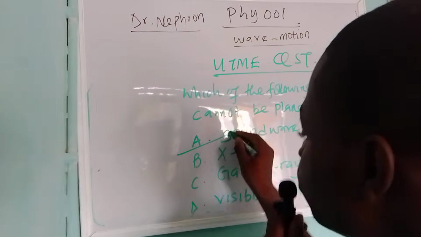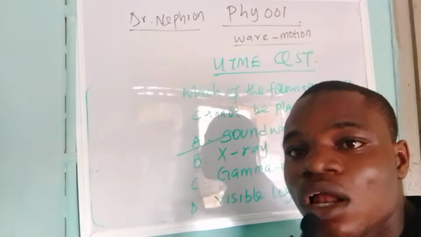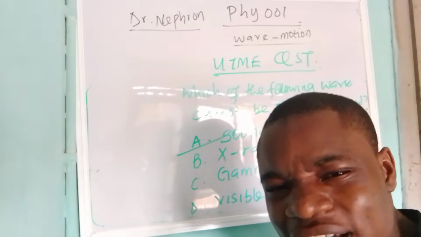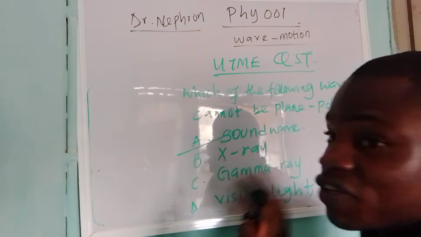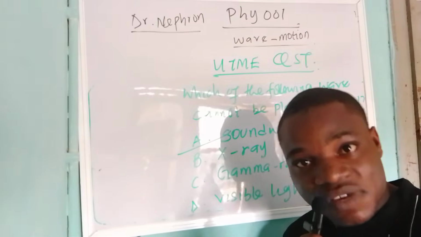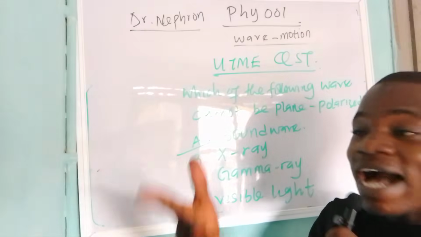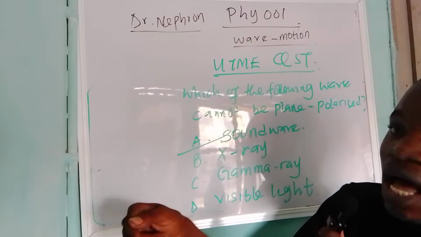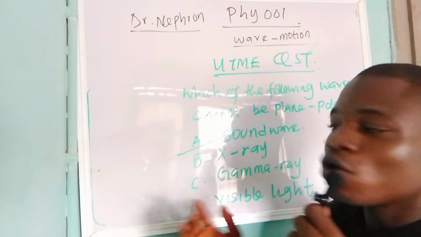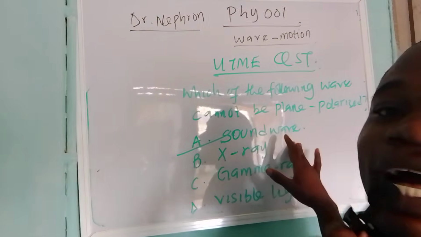It's the sound wave. Sound wave is a longitudinal wave. Do you get it now? Sound wave is a mechanical wave, and mechanical waves are divided into two, longitudinal and transverse. So sound wave is longitudinal and a mechanical wave.